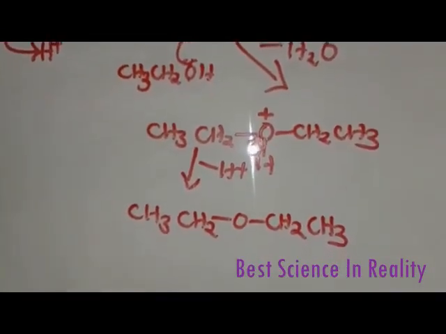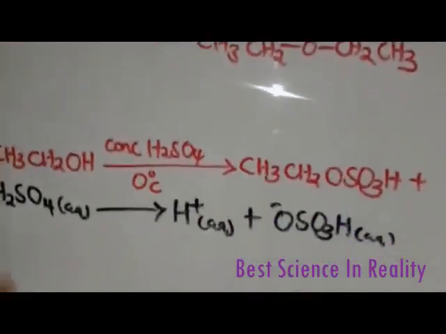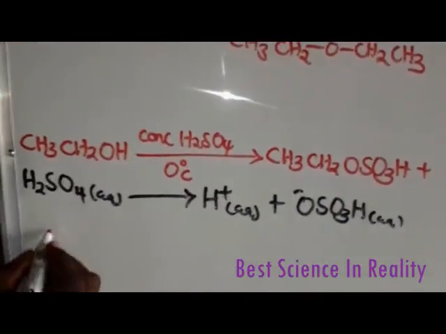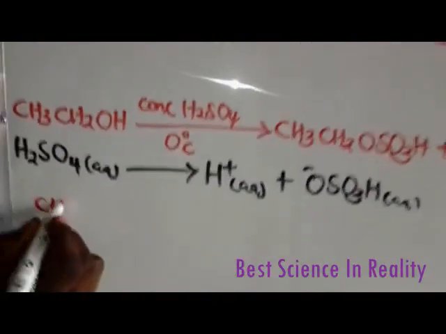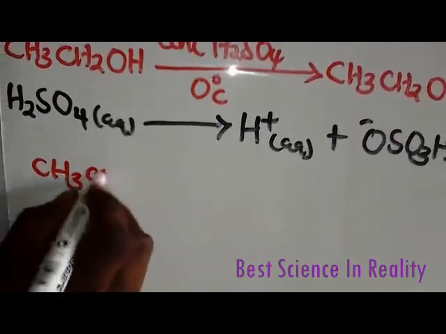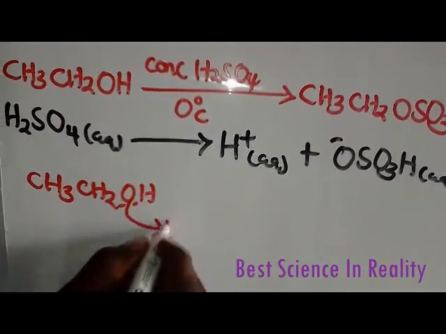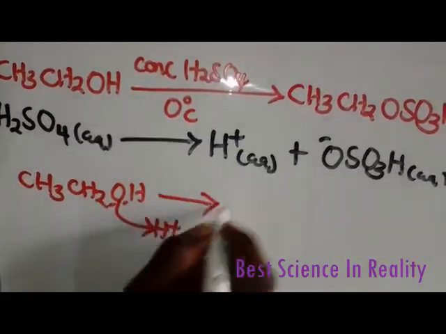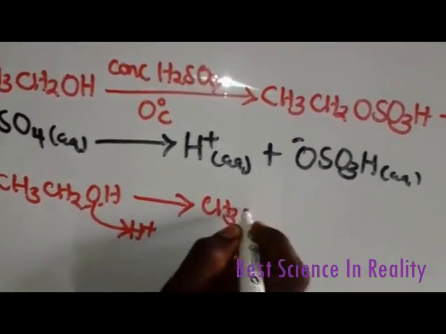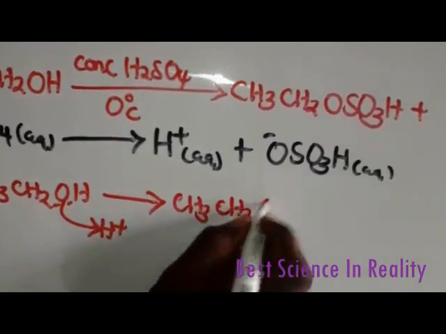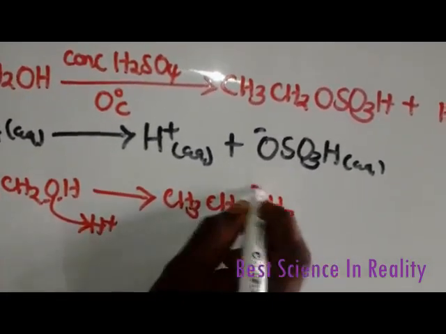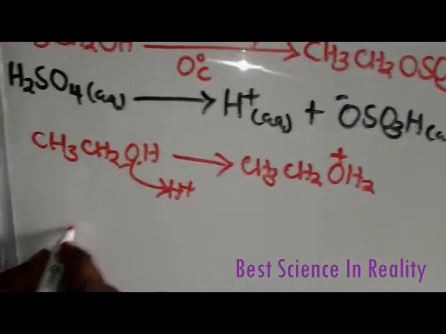So at 0 degrees, we are going to form a sulfonate. And the sulfonate, after the dissociation of sulfuric acid, shall have a proton being attacked. We shall have protonated alcohol, water plus. Then we shall have our sulfonate.